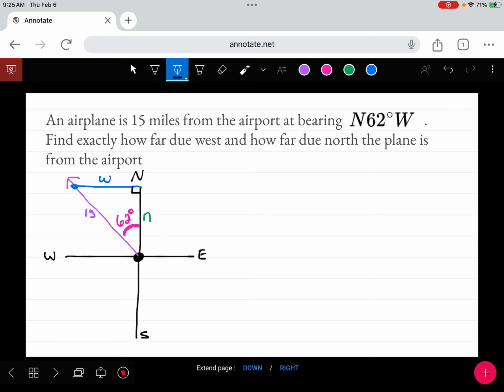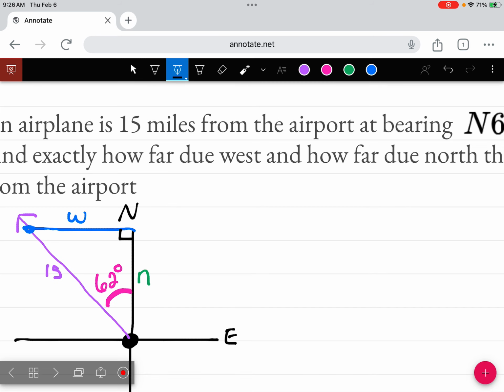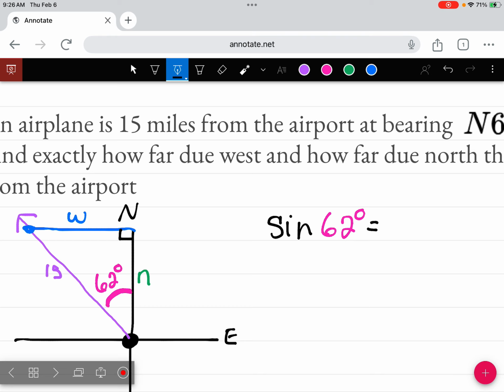What's your idea? We take the sine of 62. It would be W over 15. And multiply by 15. So I'm going to write some things down. So yes, you're exactly right. Because we can take our sine of that angle, 62 degrees, and that's going to equal our opposite over hypotenuse.